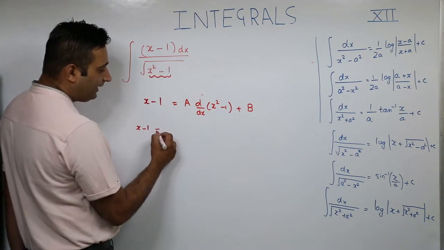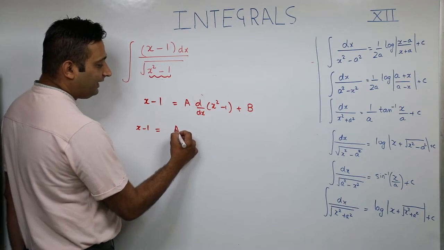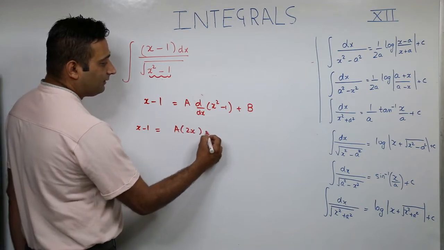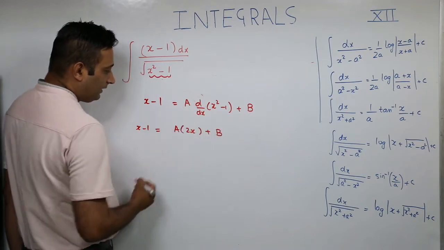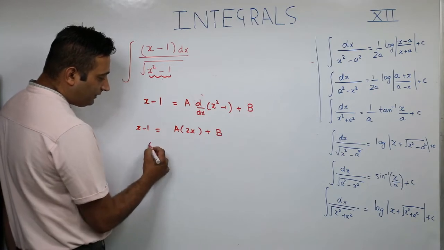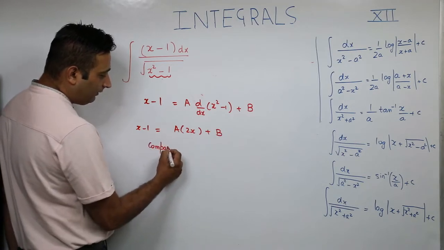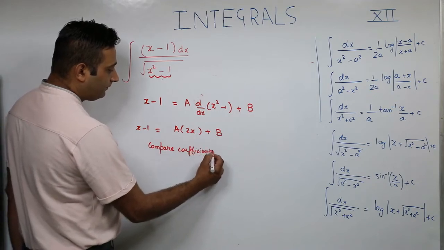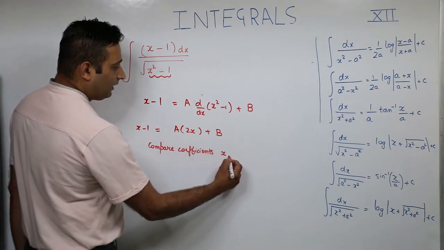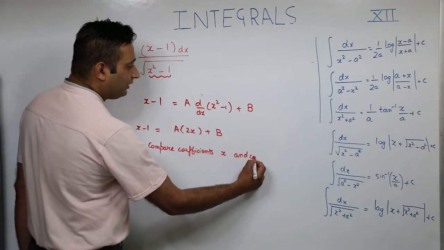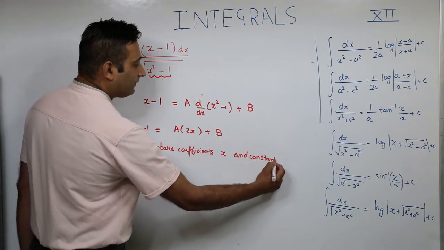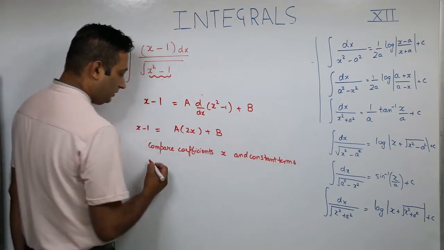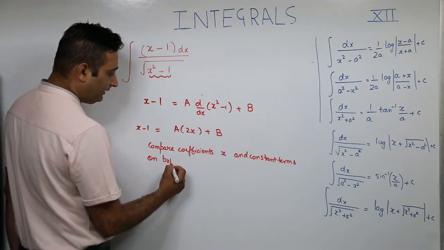Now we have the left side as x minus 1 and the right side as a times (2x) plus b. Now we'll compare the coefficients of x and constant terms on both sides.